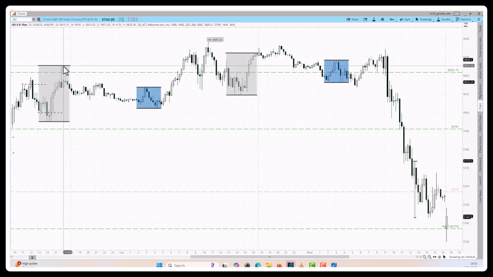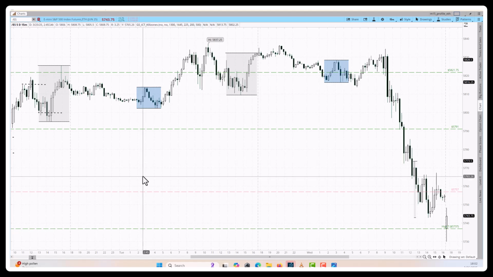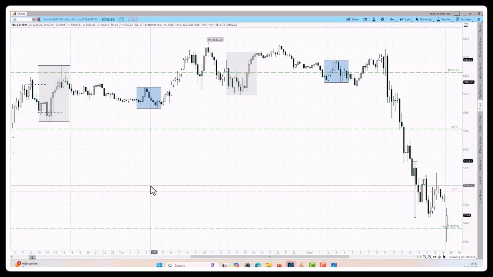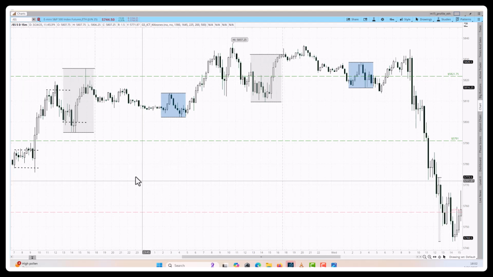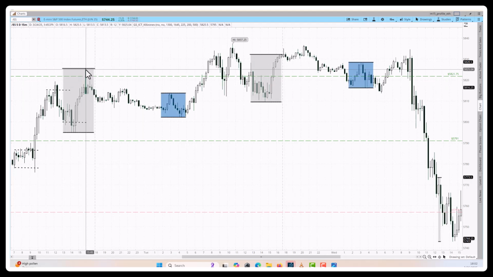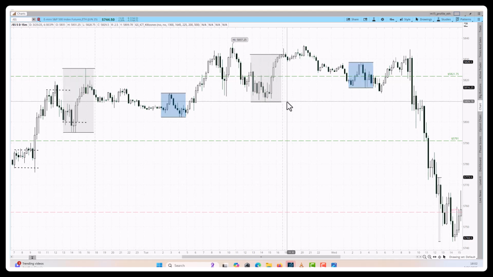and here's the high of the Monday. So basically the Monday and the Tuesday set up the liquidity.